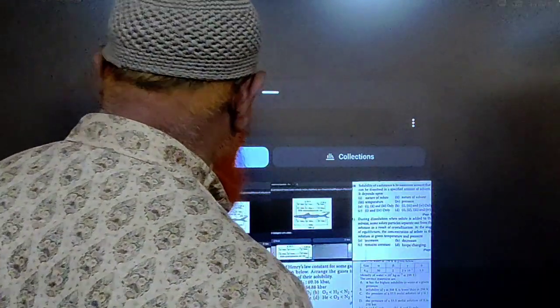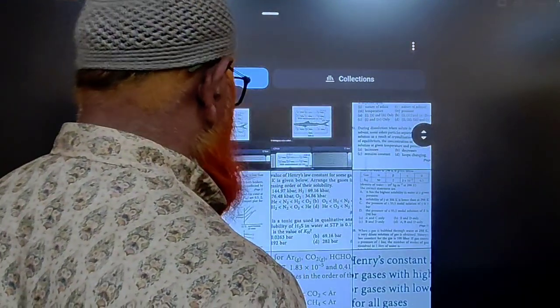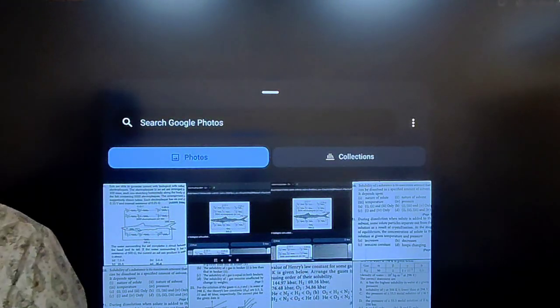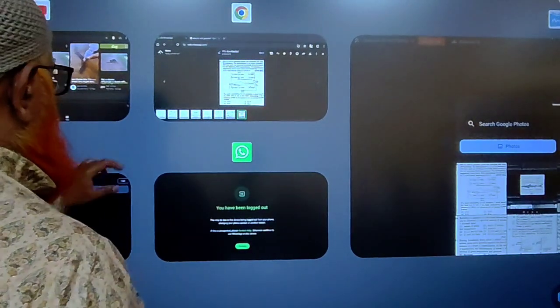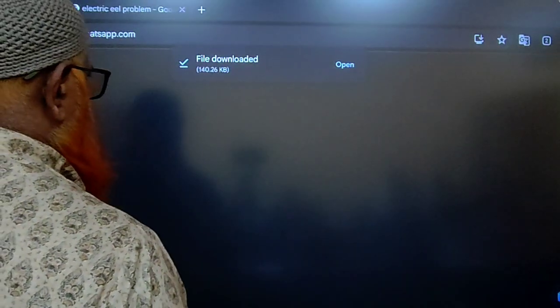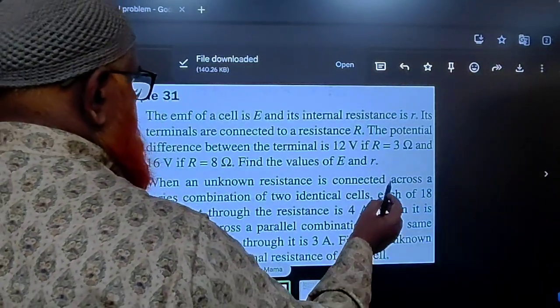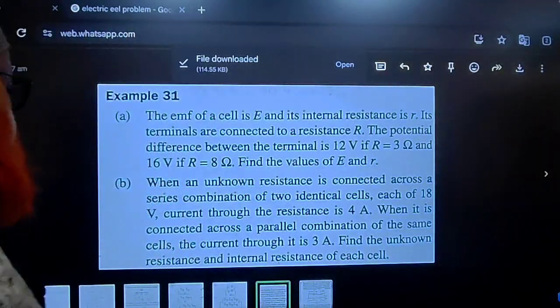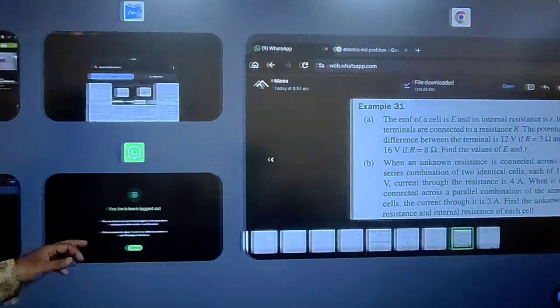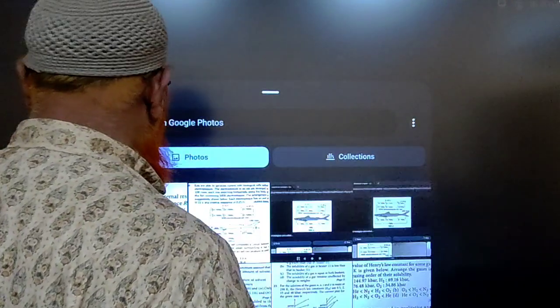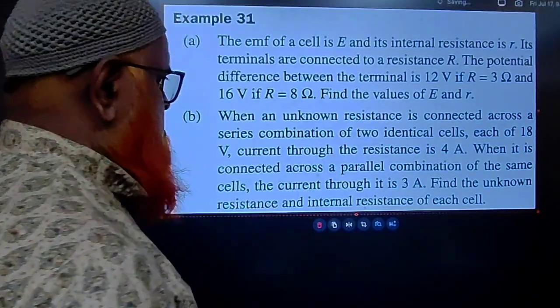Then there are some problems based on this. We have to discuss the problems based on this. So let us solve these two problems regarding these cells connected here.